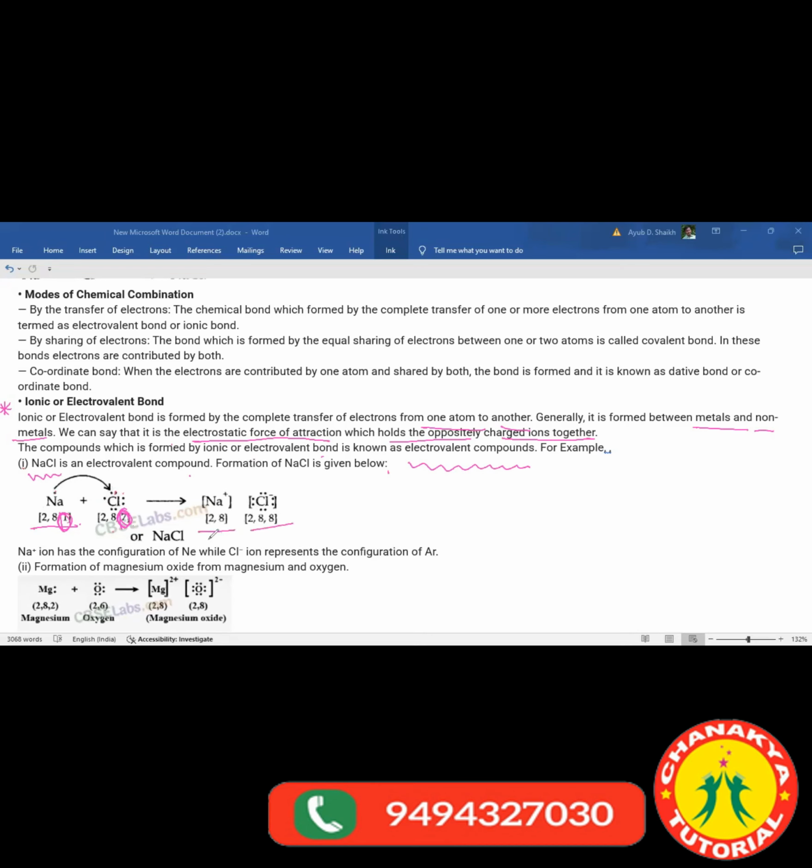You can see this is a neon-like configuration, and this is argon-like configuration. Both will show the noble gas configuration by completing the octet. As sodium loses an electron, a positive charge would appear on it, and as chlorine gains one electron, a negative charge would appear on it. And there would be electrostatic force of attraction between the oppositely charged ions, and hence this bond would be an electrovalent bond.